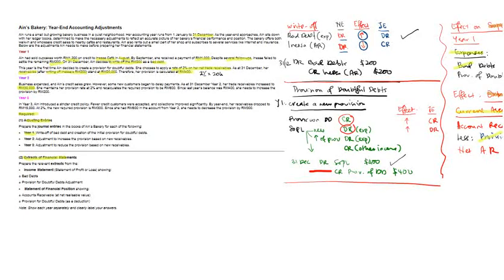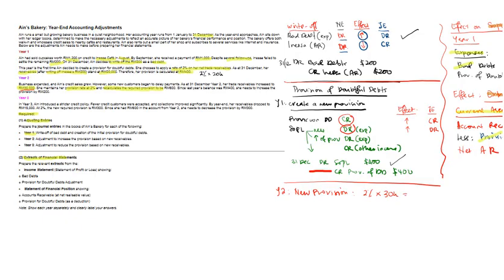She maintains her provision rate at 2%, and we need to recalculate what would be the new provision for the current year. 2%, which is maintained, times the net receivables as given in the question, 30,000.